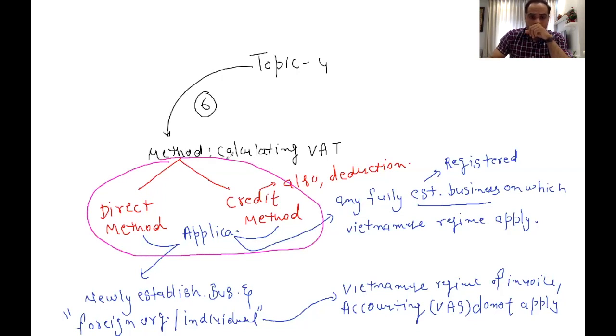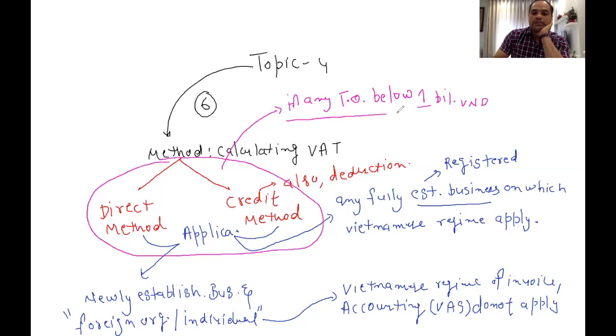One thing I forgot to explain is that if any newly established business has a turnover below 1 billion Vietnam dong, we will apply the direct method, right? We implement the direct method.